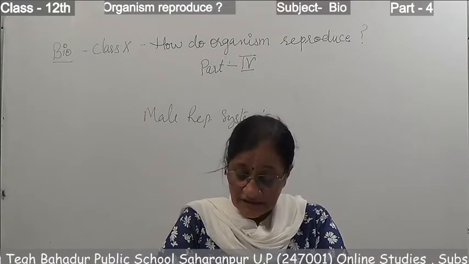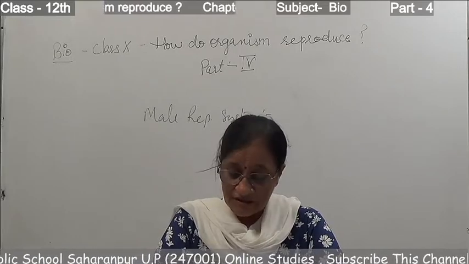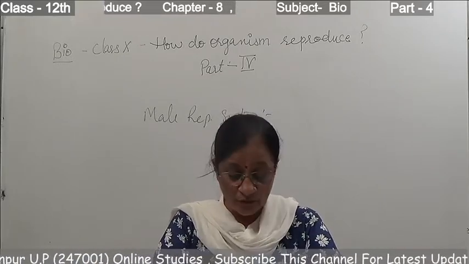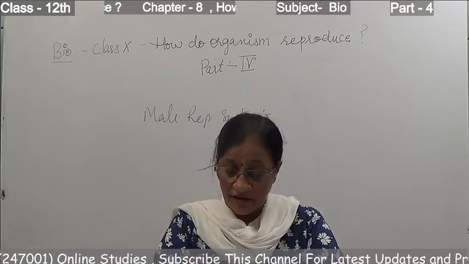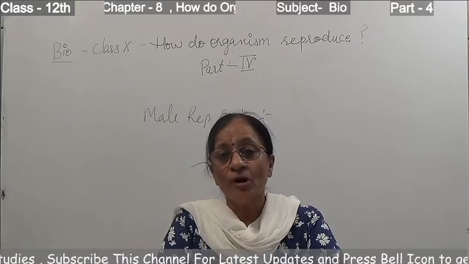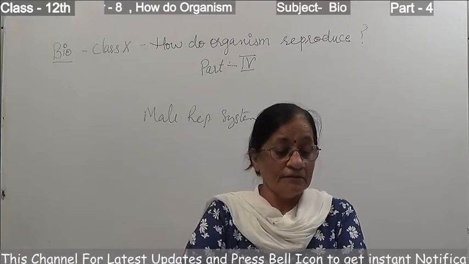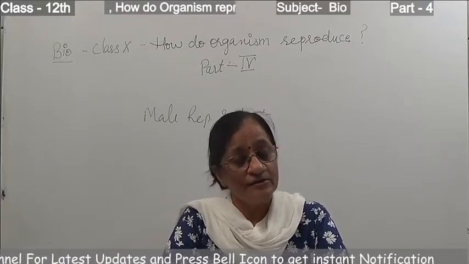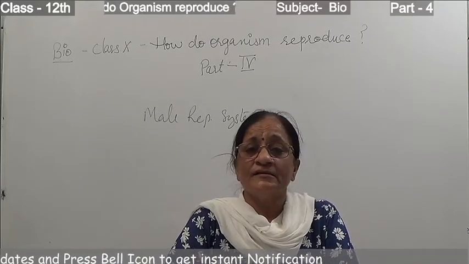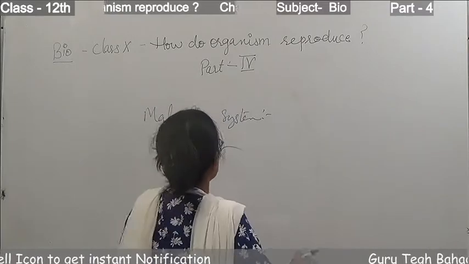Testis, which is the primary sex organ, produces the sperms, and besides that it produces the hormone testosterone, which regulates the formation of sperms and also brings about the changes in appearance seen in boys at puberty. Testes are present in a small pouch called the scrotum.